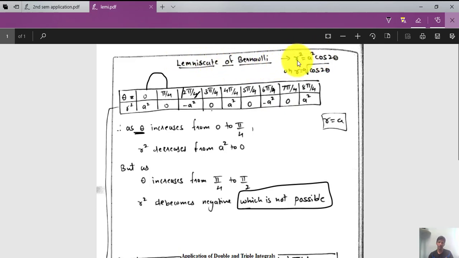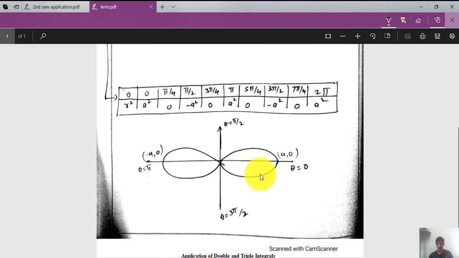It is always given by the formula r square is equal to a square cos 2 theta. Now how to plot the graph if you are in the examination? See here, this is your 0 degrees or 2 pi on this side. If theta is the angle, it is revolving from 0 degrees and tracing the whole complete circle, one complete cycle, and this is the radial vector along with theta which moves.